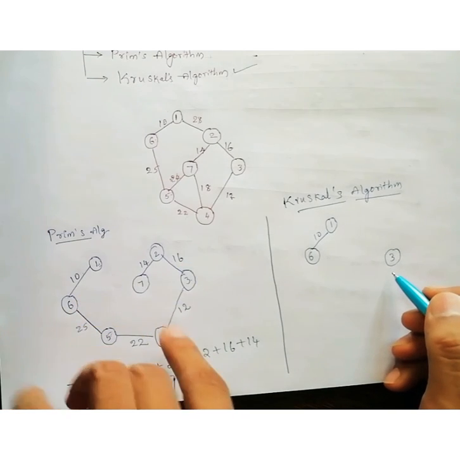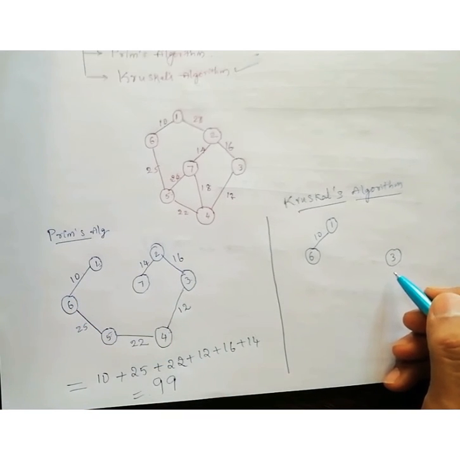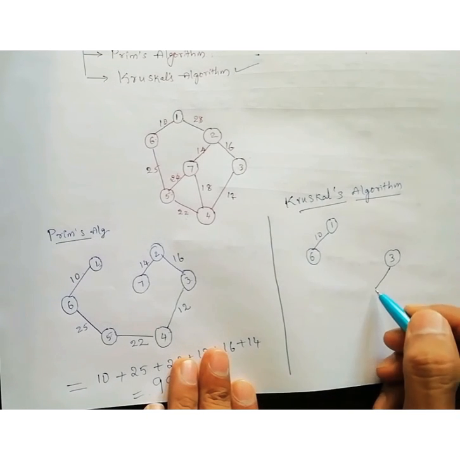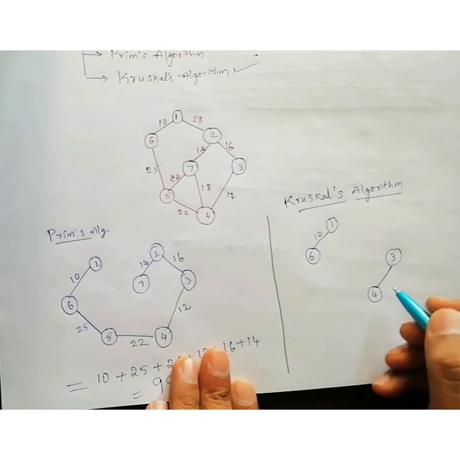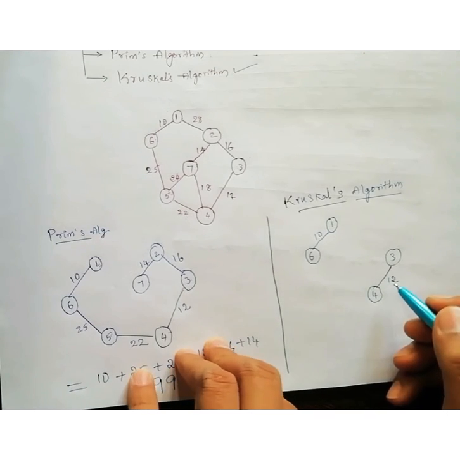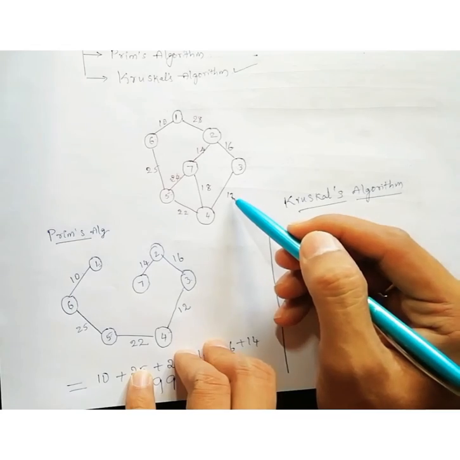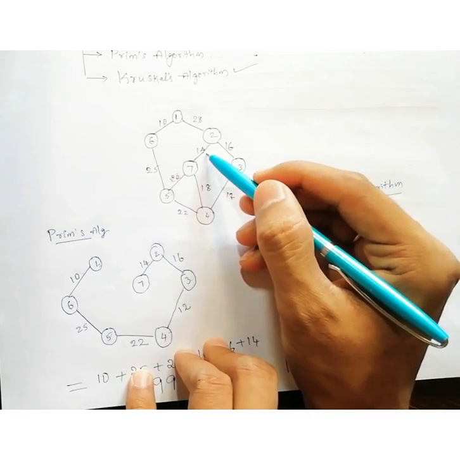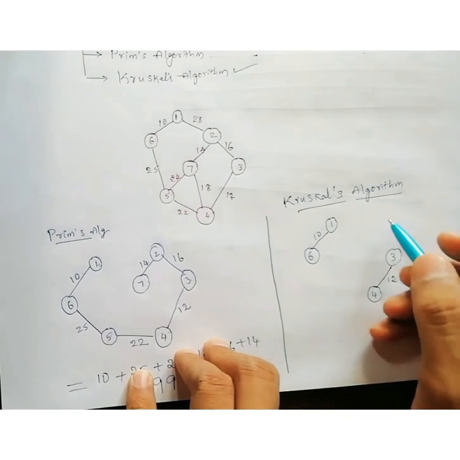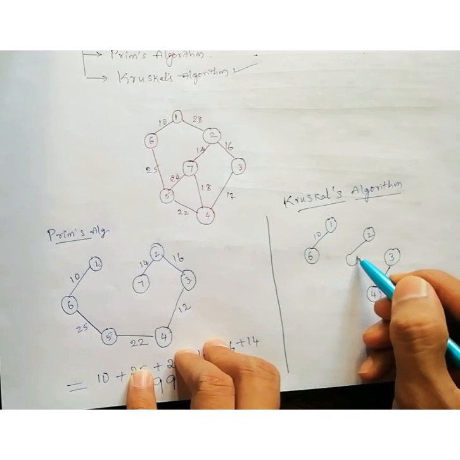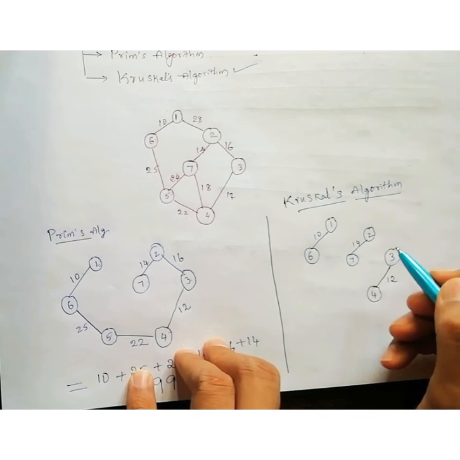Is it visible? Yes. So from 3 and 4, what is the weight? 12. Next minimum weight, after 12, is 14. So I will consider the weight 14 from 2 to 7. 2 to 7, weight is 14.